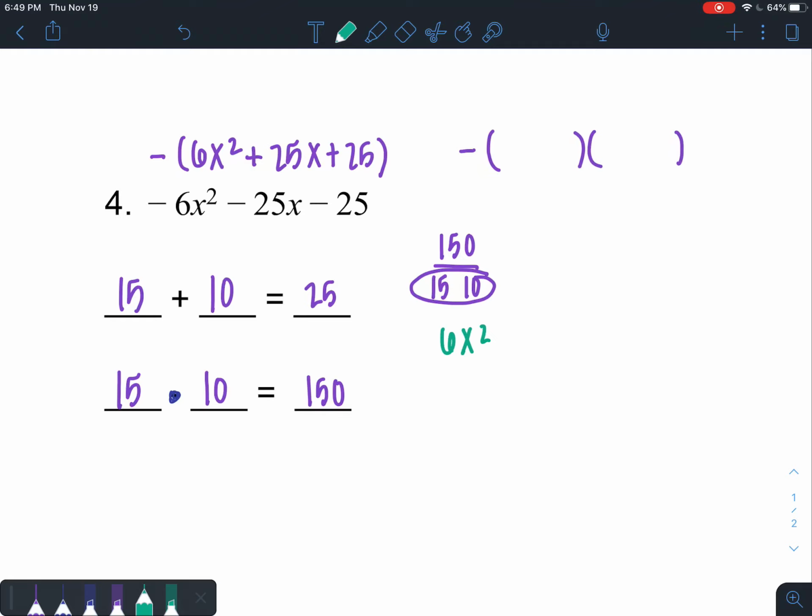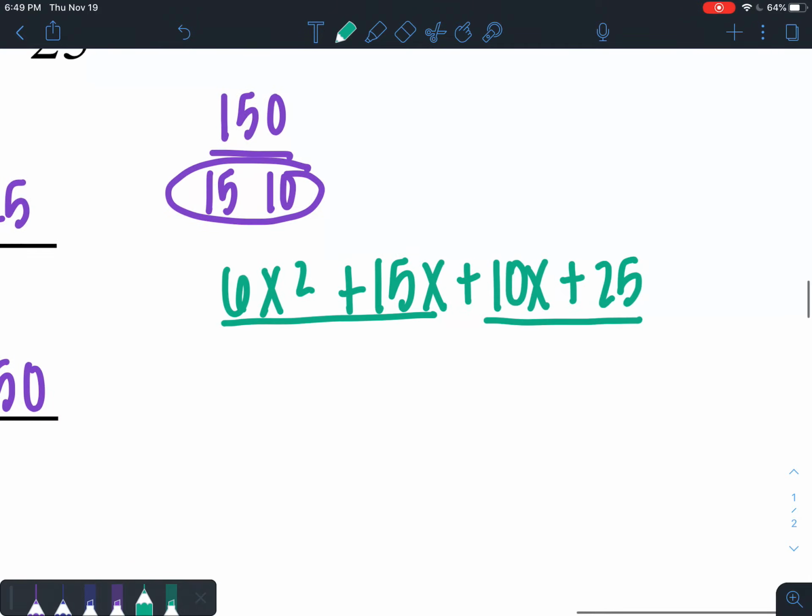So I have 6x squared plus 15x plus 10x plus 25. Need to GCF both of these. I'm going to factor out from these the GCF. Think for a second.